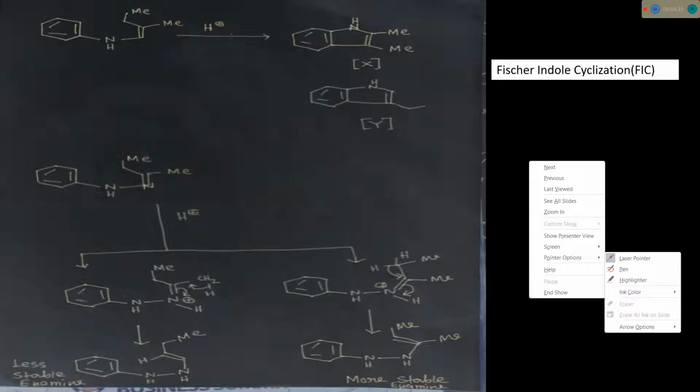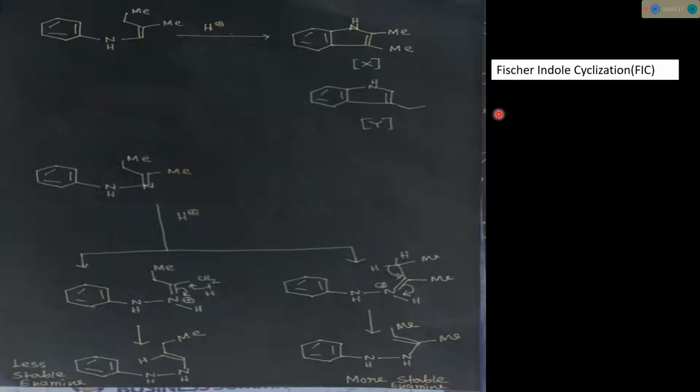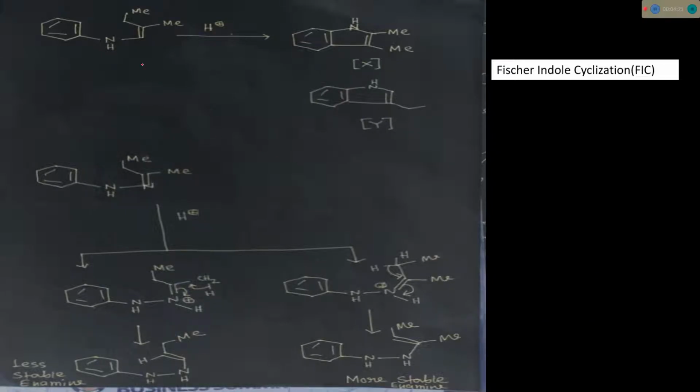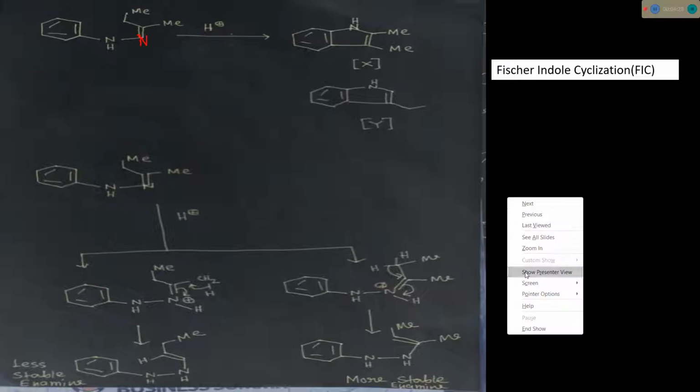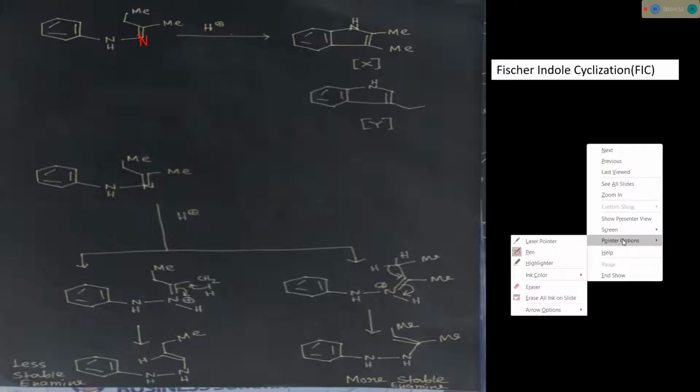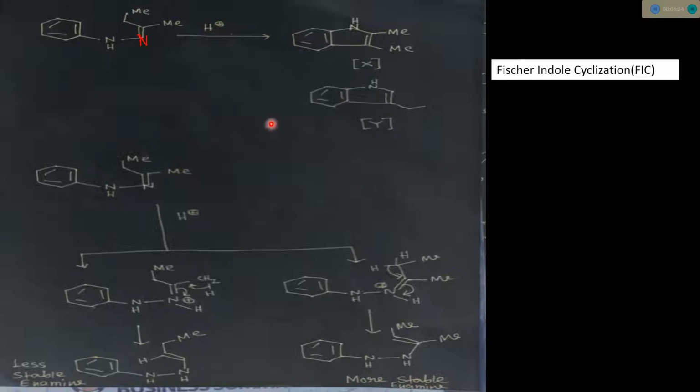There should be one nitrogen. So this is a hydrazone. We can make this hydrazone from phenyl hydrazine and a carbonyl compound, methyl ethyl ketone.